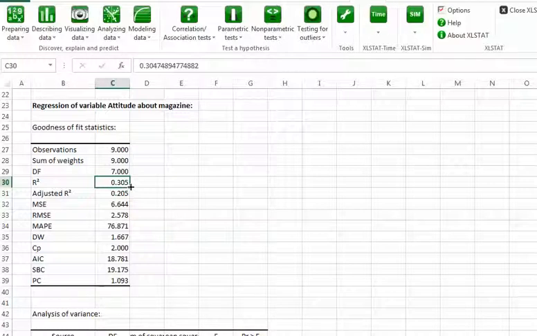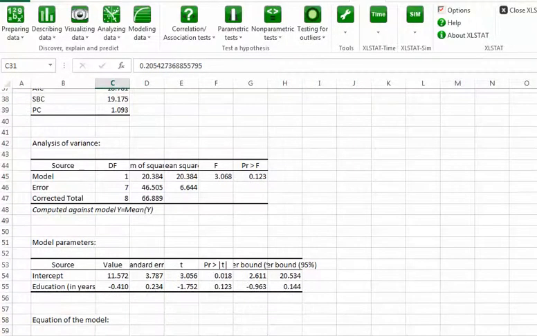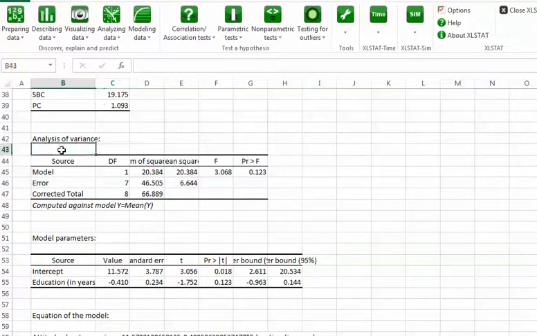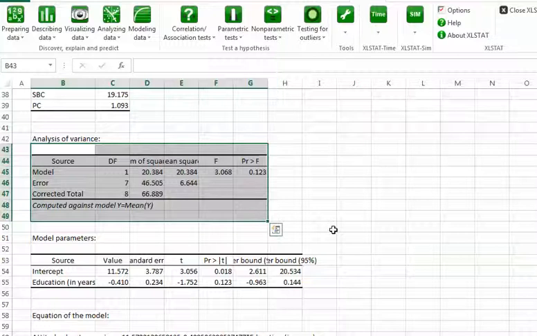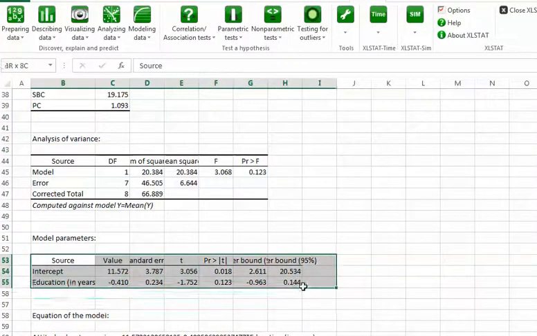All it is, is taking into account that we have a sample rather than a population. So ours is about 0.2, so about 20%. That's not bad, except for the fact, if you remember just a minute ago, I told you that this analysis of variance tells us if our model is predicting better than if we just use the mean, and we're not actually. But ignoring that, let's look at our parameters here.